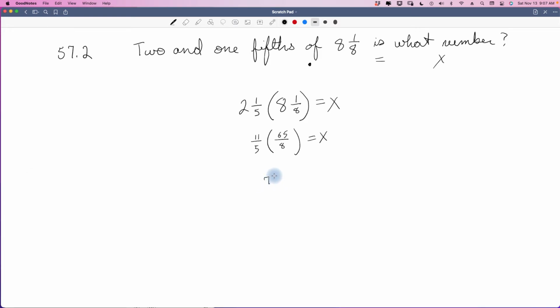So 715, and I know that 5 times 8 is 40, equals x. All right, so that is true, and we know that this is divisible by 5, and this is divisible by 5. But guess what? Let me back up, because we could factor this. Let me show you what I mean. If we have 11 over 5, and we're multiplying times this, right?